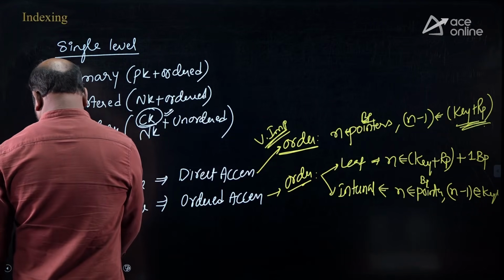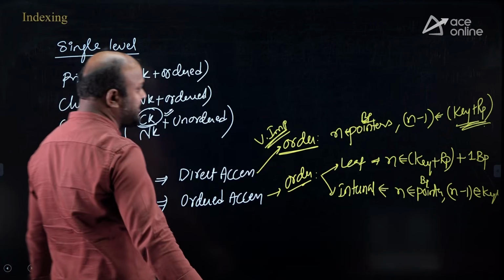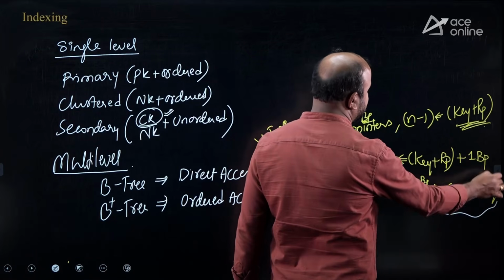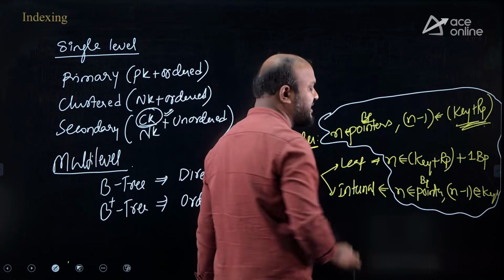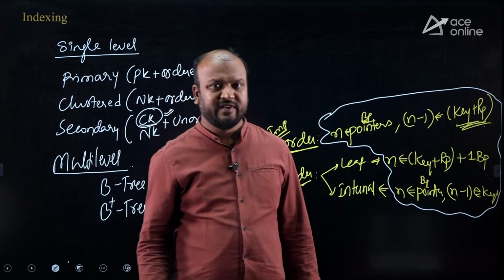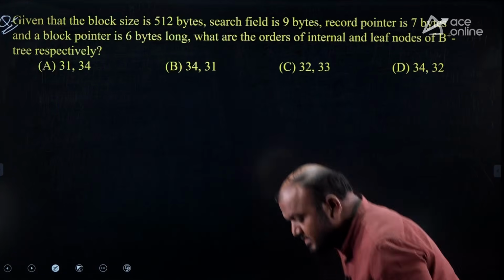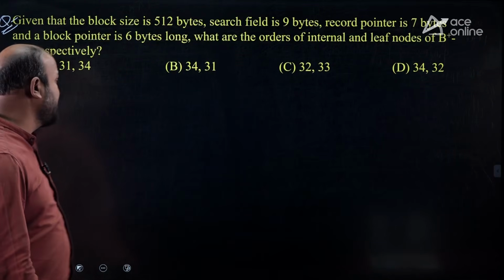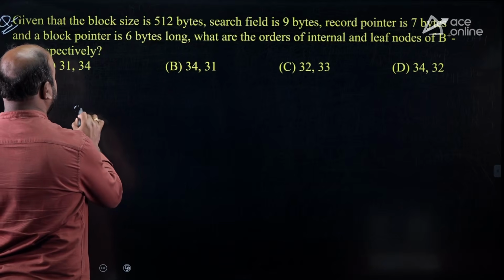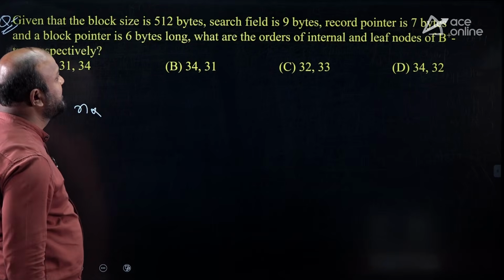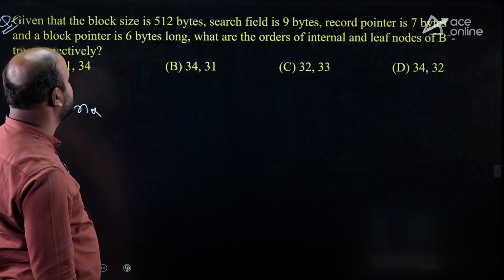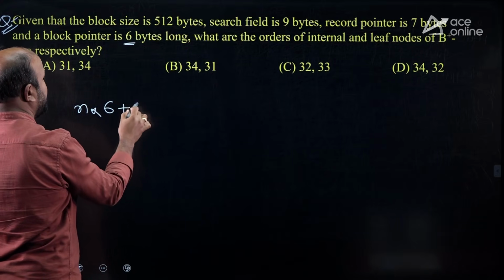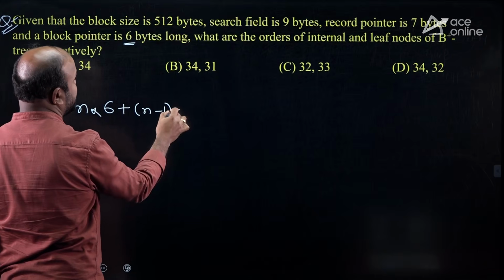Undoubtedly, these orders are very important. I told you multiple times, remember the structure so that you can write the formula, and then and there only you can answer the questions. Order of internal node: just now I told you, the internal node will have n pointers. What is a block pointer size? Block pointer is 6. N minus 1 keys.